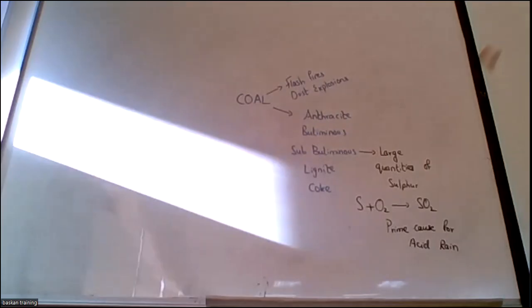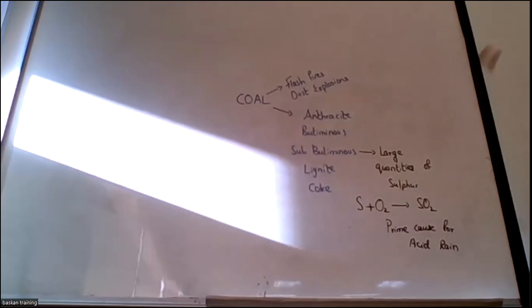So in the examination they can ask you indirectly: the prime cause of acid rain can be caused by which type of coal? It can be inverted like this. When this question came up in my examination, I got tricked by it, because we were just going through the types of coal. Later in the paragraphs you will find that it releases a large amount of sulfur.